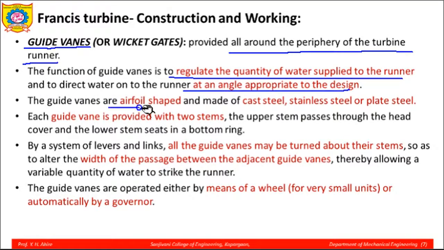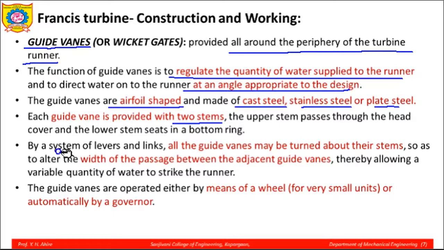Guide vanes are airfoil shaped and are made of cast steel, stainless steel or sometimes plate steel. These guide vanes have a cross section of an airfoil shape. Each guide vane is provided with two stems. The upper stem passes through the head cover and the lower stem seats in the bottom ring.